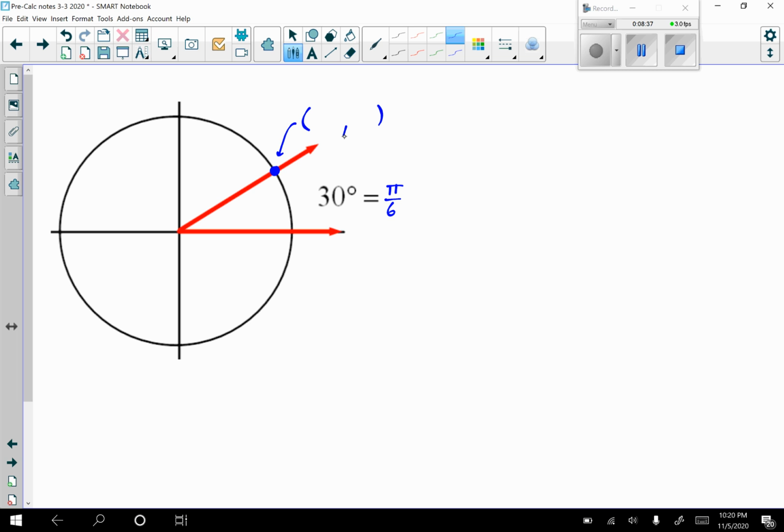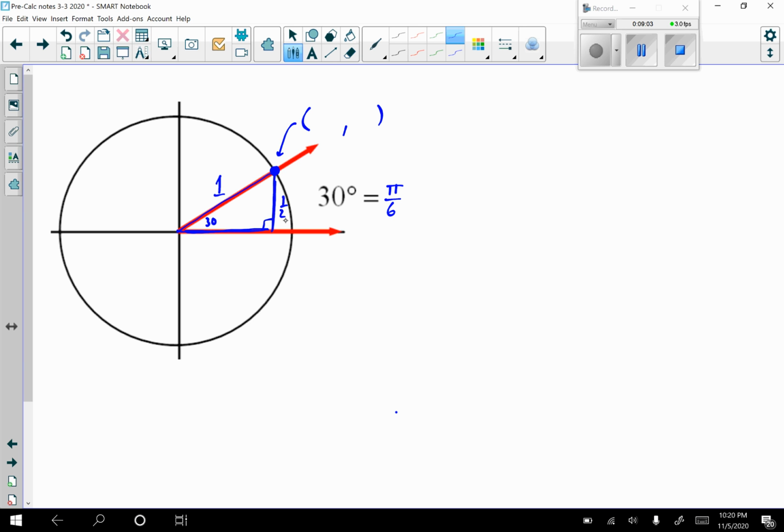Well, some of these are based on the triangles. We know we have a radius of 1, and that will be the hypotenuse. Because the x value goes across the x-axis horizontally. The y value is vertical. So when we do that, we have made a 30, 60, 90 triangle. Look at the way it's positioned, and this is the one we just did. 1 on the hypotenuse.